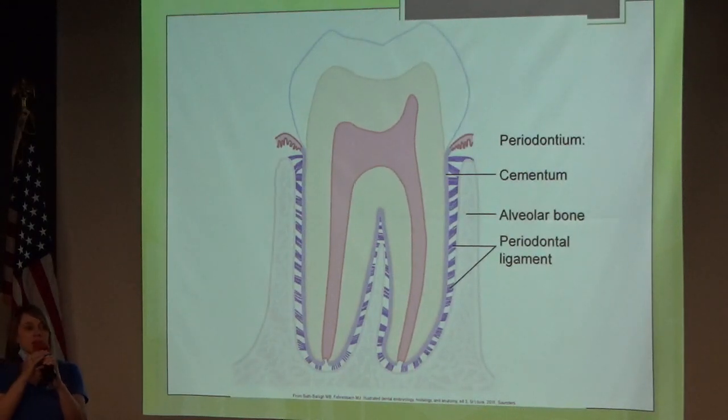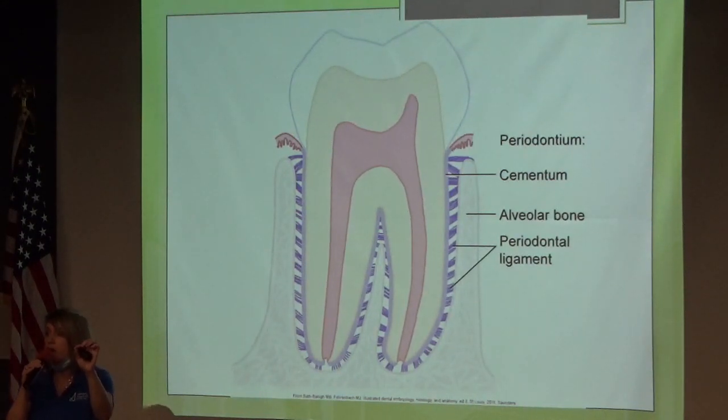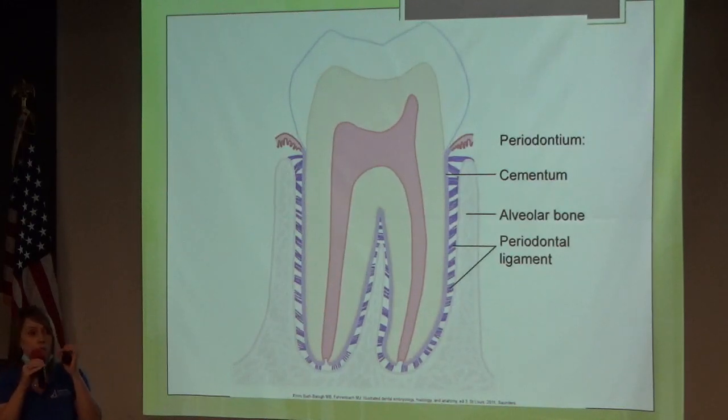So these periodontal fibers or ligaments actually act as shock absorbers as we're eating and chewing things to help protect the tip of the root, the apex where the nerve comes in, so we're not constantly causing damage. Do you remember Ms. Pruitt talking about articulating paper in the holder?